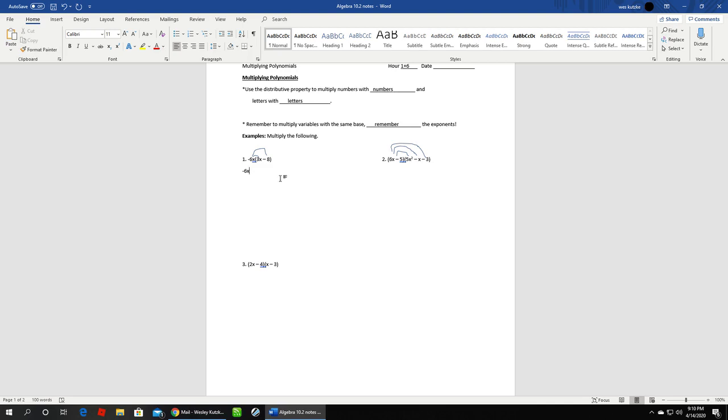Negative 6x multiplied by the 3x that was inside, plus the negative 6x again, times, this time, what do we have? That minus sign you can carry over with the 8, so it's negative 8, right? Because plus negative 8 is the same thing as minus 8. And that's what the distributive property is saying. These lines will give you the same thing that we're seeing right here, right?